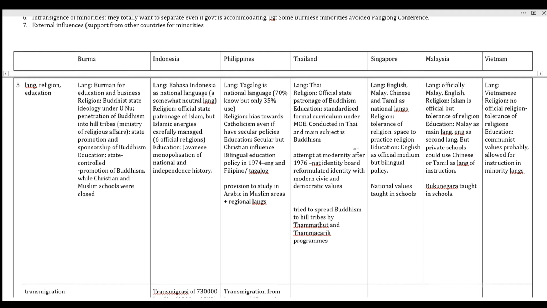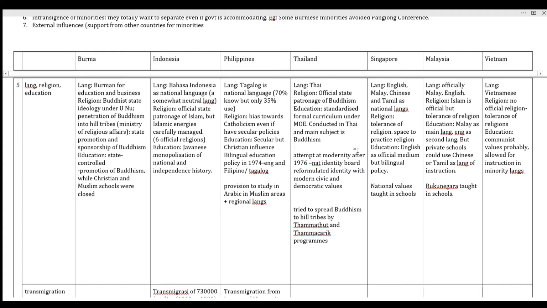So in Thailand, we already know how Thailand works. They have their wonderful religion, state, king, and all that stuff. Their religion is the official state patronage of Buddhism. Their language is of course Thai, because Thailand, Thai. And the education is whatever they teach about their kingdom. They have a standardized curriculum conducted in Thai, and they mainly talk about Buddhism.